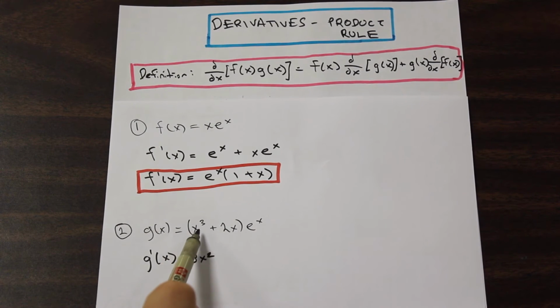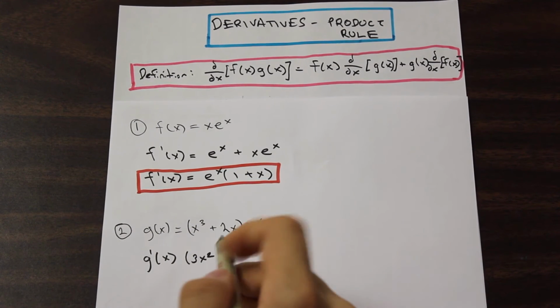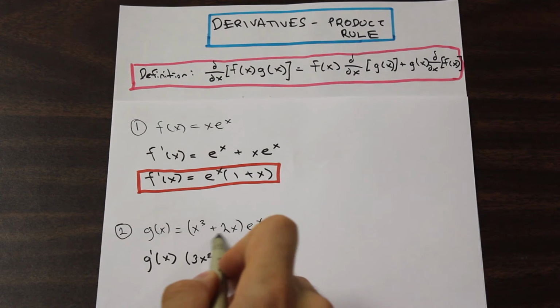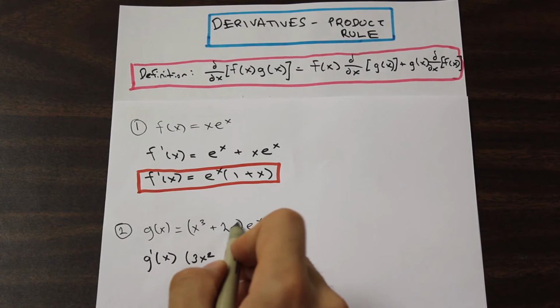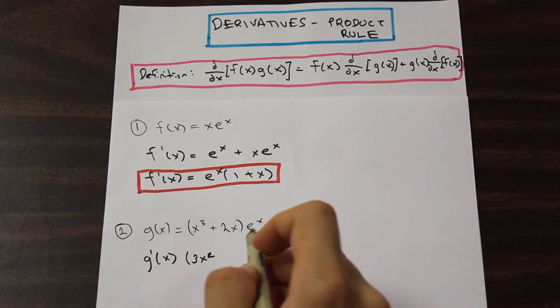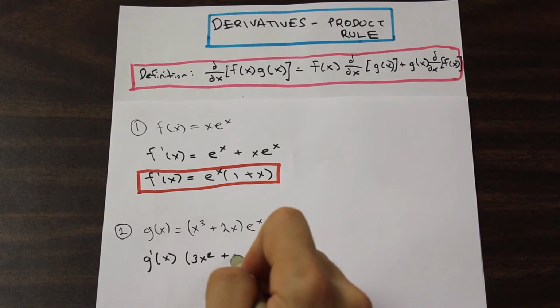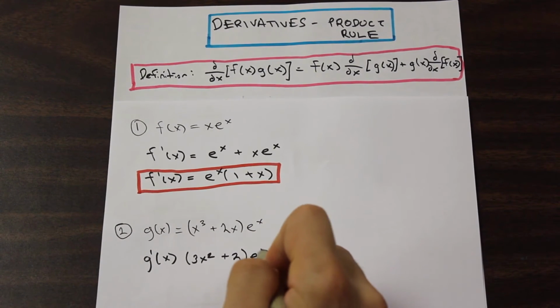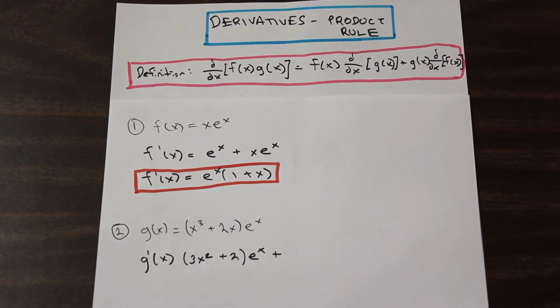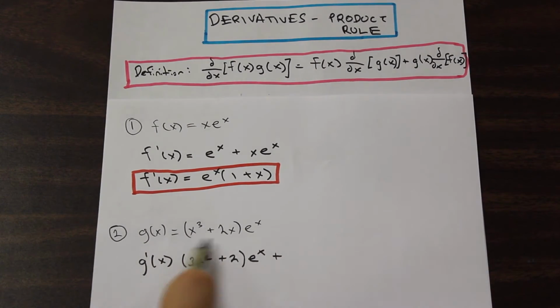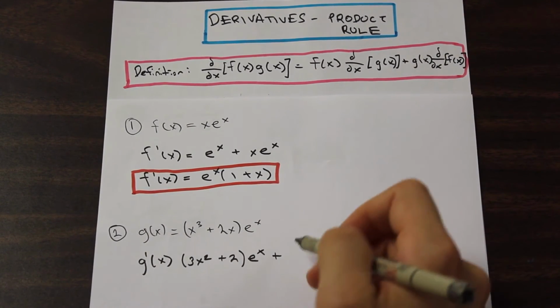So we have 3x to the 3 minus 1, which is 2. And the derivative of 2x is just 2, right? Because this becomes a 0 here. So let's go ahead and write that. We have 2 times e to the x, and we're going to add the derivative of the second term times the first one. And that's going to be exactly the same thing.